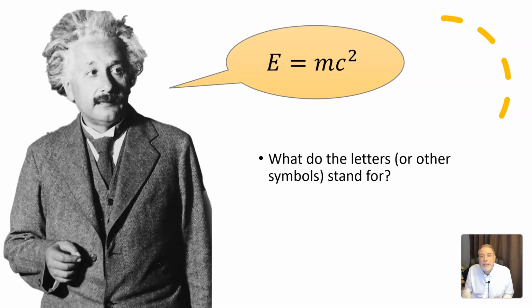Or you might be studying some particular geometric curve that is the graph of some particular equation. And so the x and y in that equation just stand for the x and y coordinates of the points that make up the curve. But in cases where the variables or the letters and symbols in an equation do stand for something in particular, you obviously want to know what they stand for, what they represent.